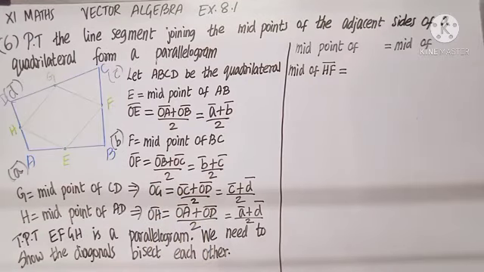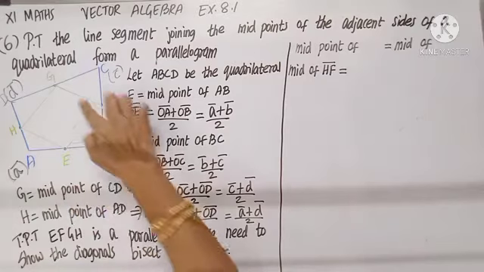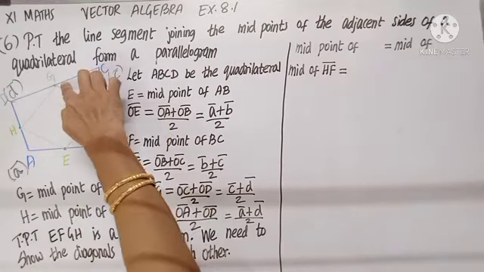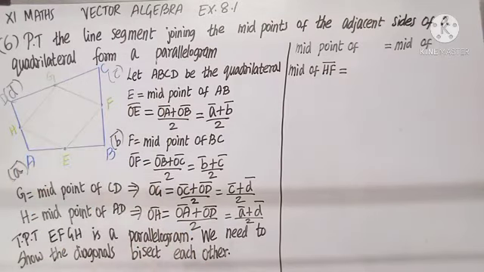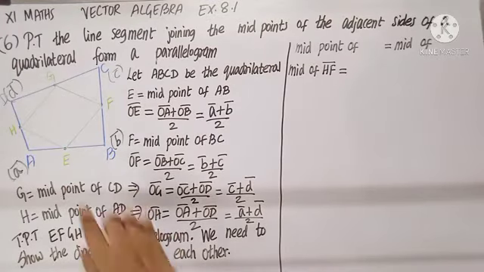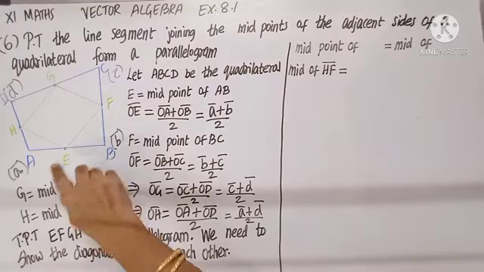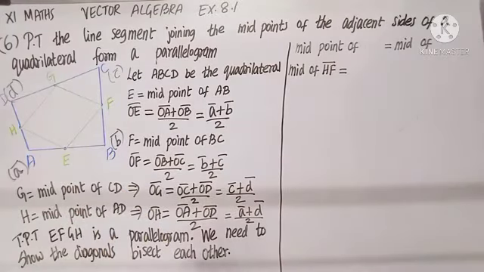What is the question? The lines joining the midpoints E, F, G, H need to form a parallelogram. So our condition is to show that EFGH is a parallelogram. Whenever I want to show a four-sided figure is a parallelogram, the basic condition is that the diagonals bisect each other.